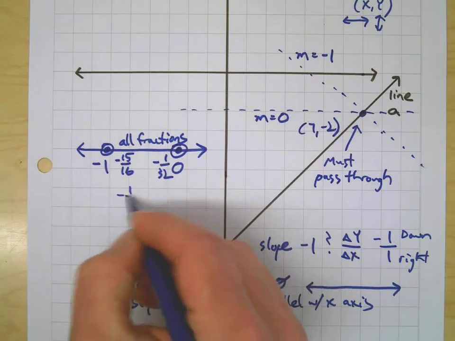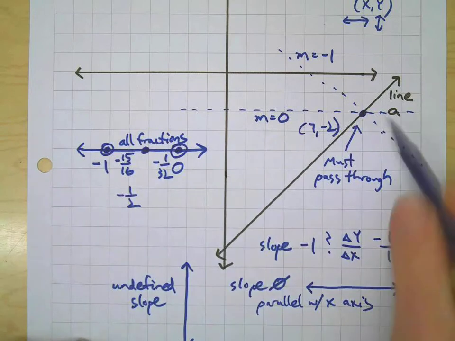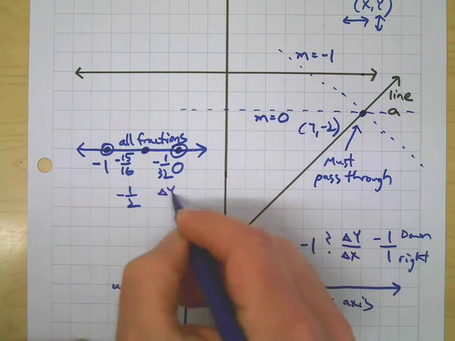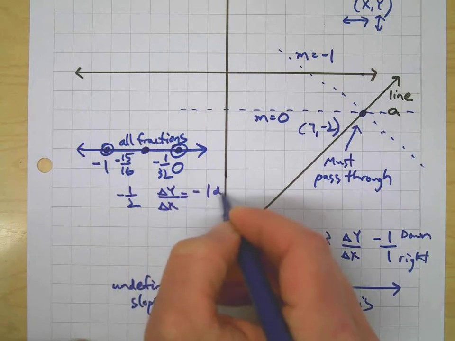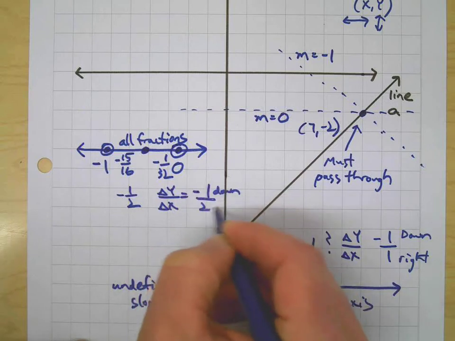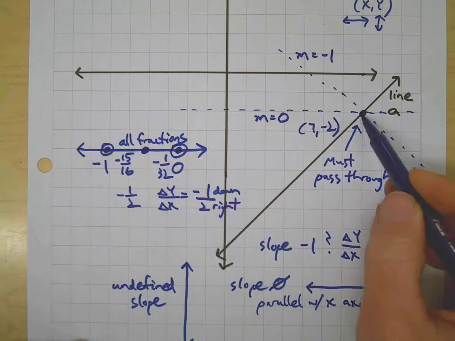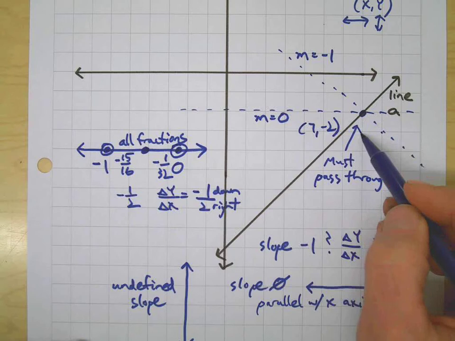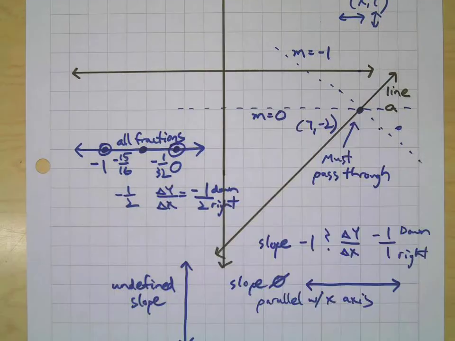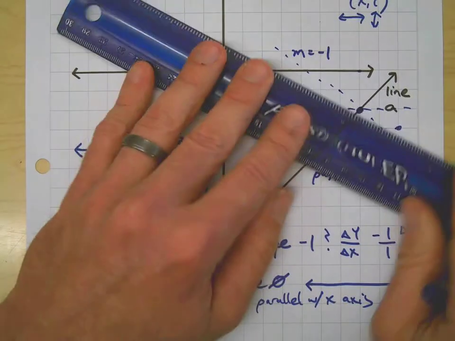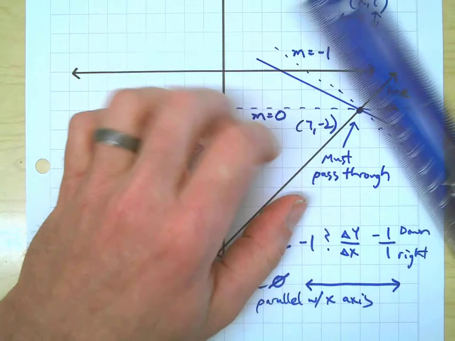For example, we could have -1/2, which would be right in the middle. What would that look like? It's the change in y over the change in x. So y is going down 1, x is going right 2. X always goes to the right. So from my intersection point, I'd be going down 1, right 2, and I would have this line.